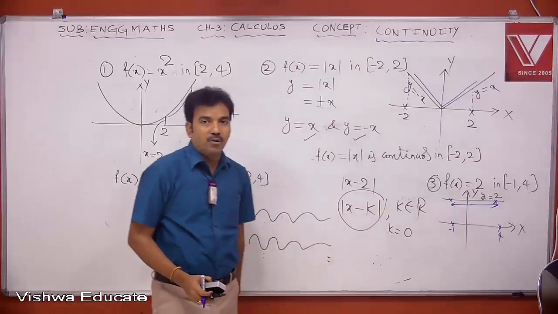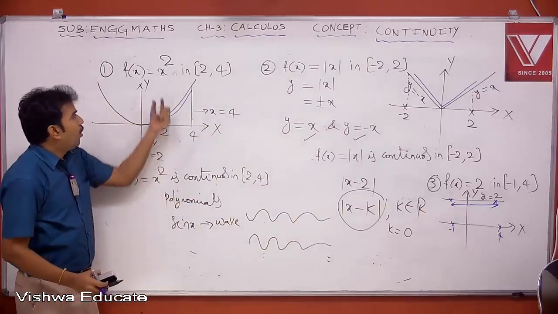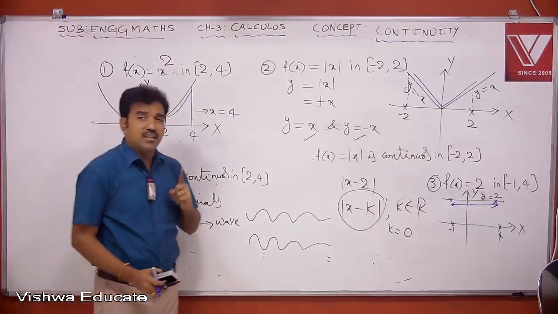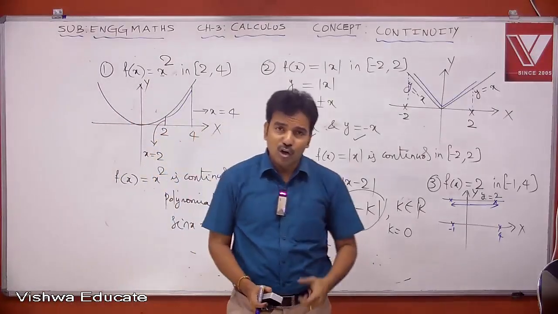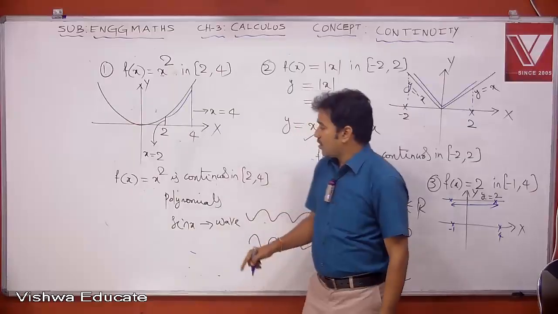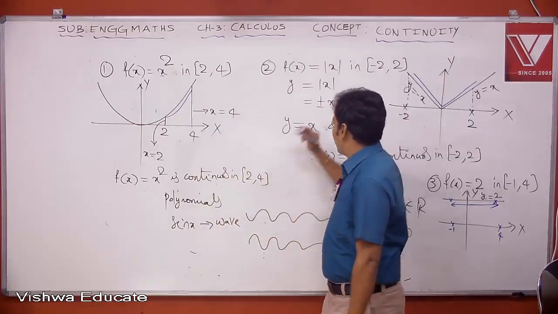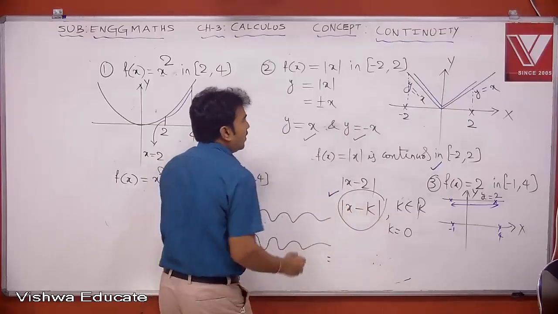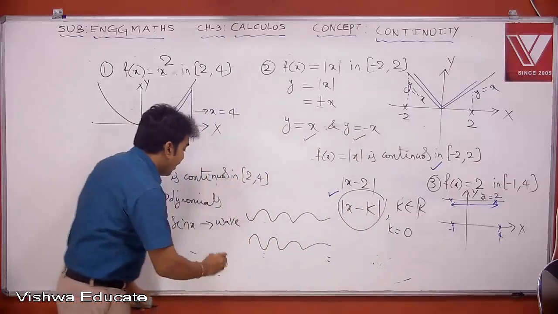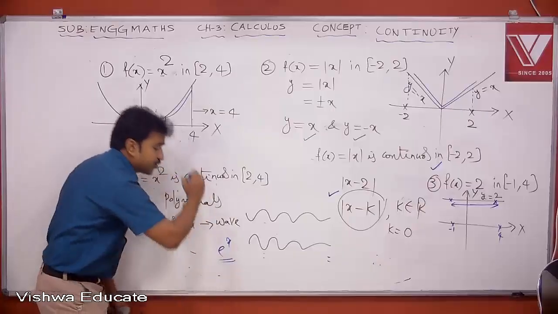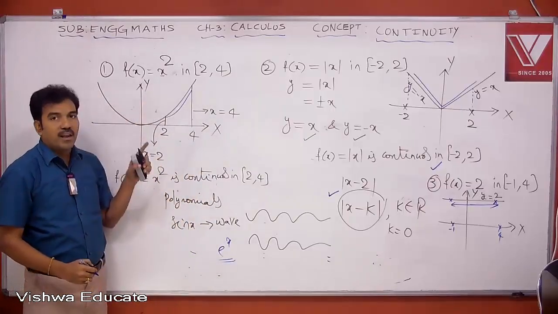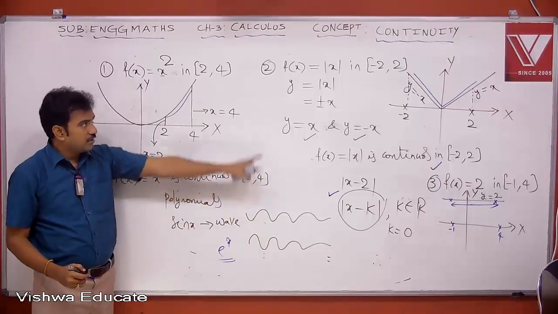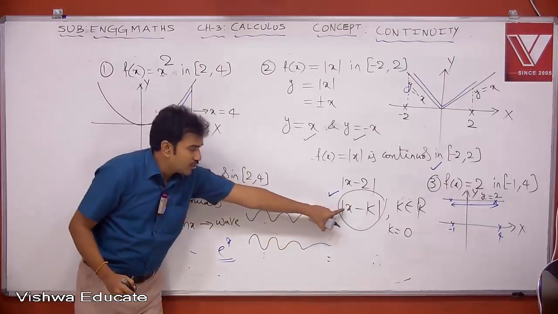Therefore, from all the examples, what we conclude is: all polynomial expressions, whether second degree, first degree, third degree, fourth degree, all constant functions as we have seen, modulus of x minus k, sine function, cos function, and even the exponential function. So all polynomial expressions, e power x, sine function, cos function, constant expressions, modulus of x minus k.